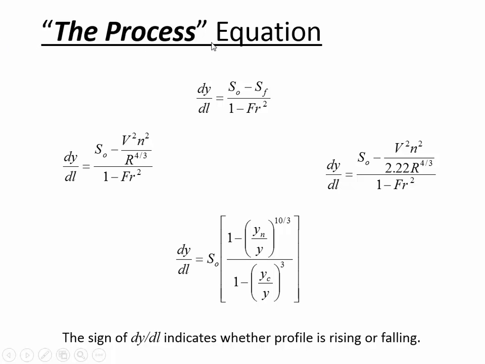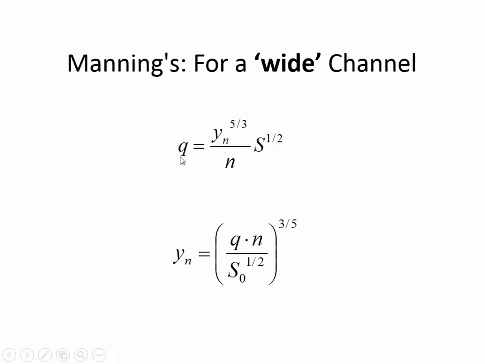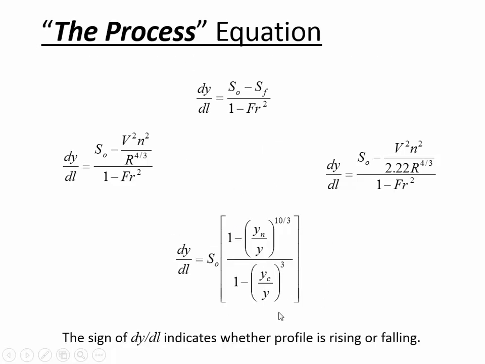Okay, so again, this is called the process equation. Here's what it came from. Here is SI units. Here are BG units. Either of these are for any shape, and then this is only for a wide channel. And the sign of it tells you whether the water depth is getting deeper or shallower, as I showed on the whiteboard.